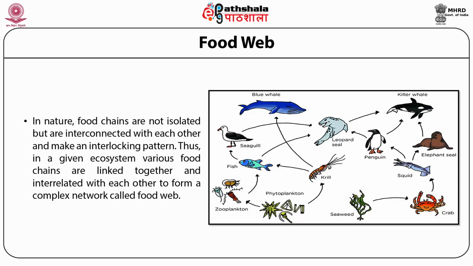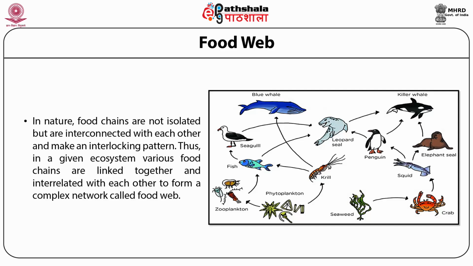Thus, in a given ecosystem, various food chains are linked together and interrelated with each other to form a complex network called a food web. In complex communities, an organism whose food is obtained from the plants by the same number of steps belongs to the same trophic level.